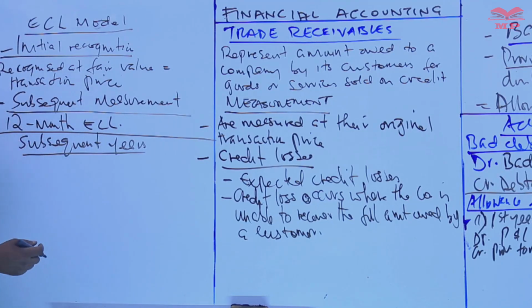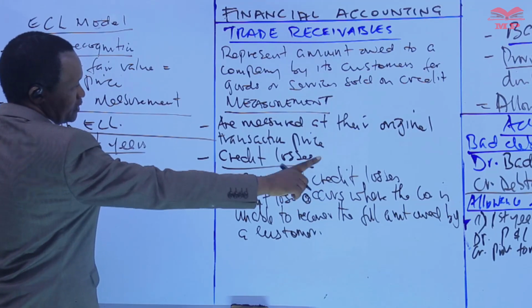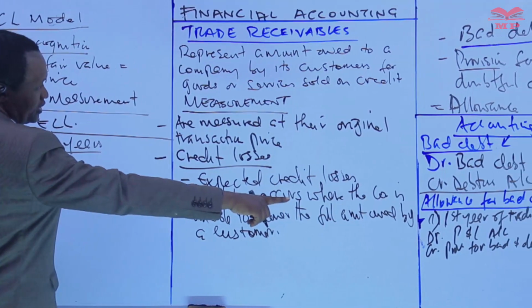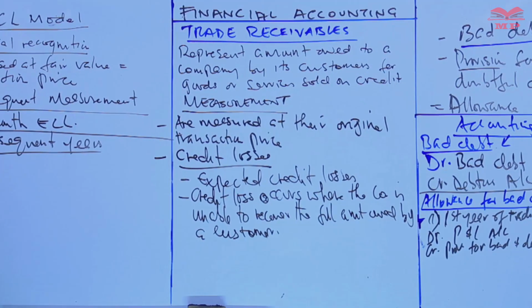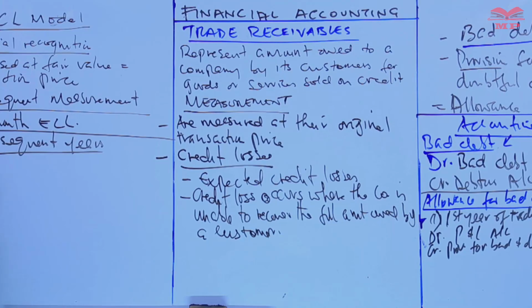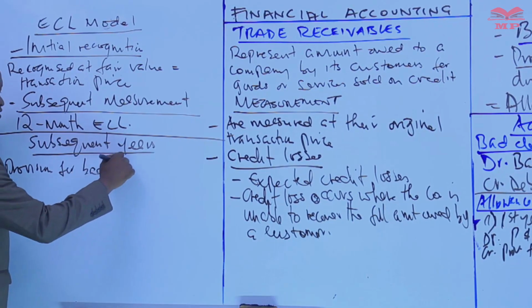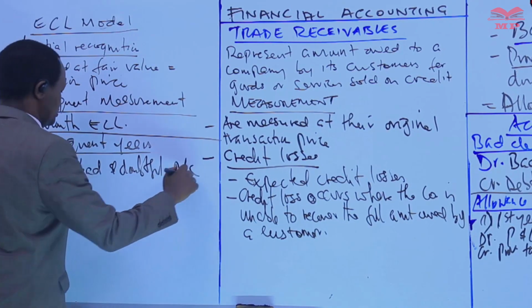So initially, candidates, let me use accounts. First year of trading, debit P&L, credit provision for bad or doubtful debts. So we have the provision for bad and doubtful debts account.